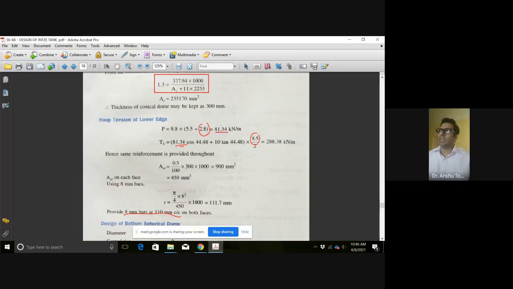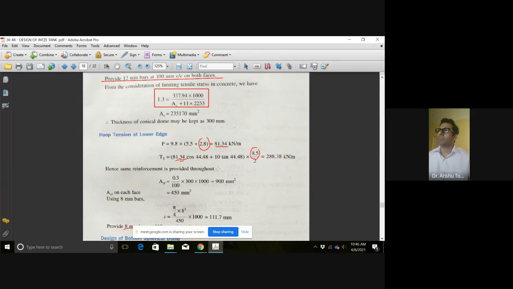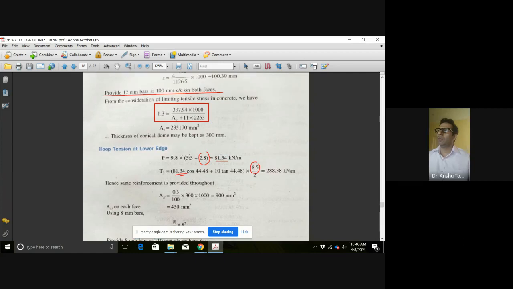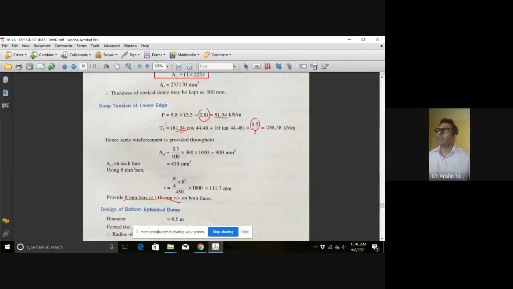But the other thing, it has increased, but you can see that the other force, the diameter, has reduced.